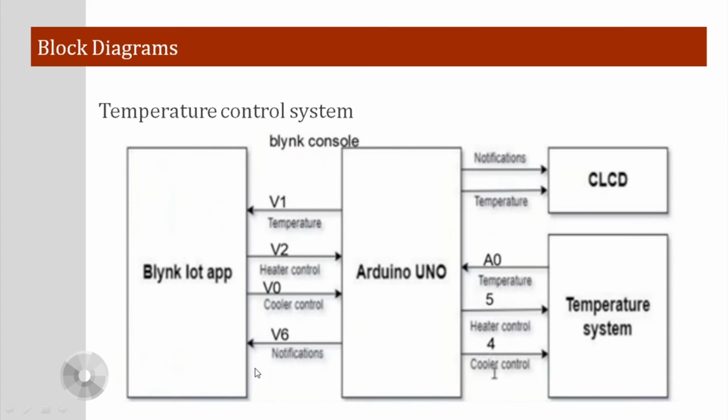And then a notification is also sent to our mobile phone. Everything is done in our project, and you can see it all in the demo video. So this is the block diagram, what we have done in the temperature control system, what the purpose is, and how it is done.